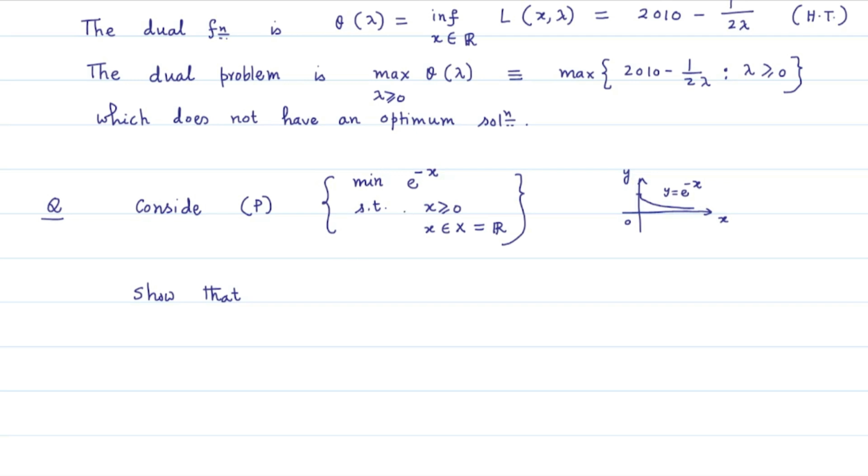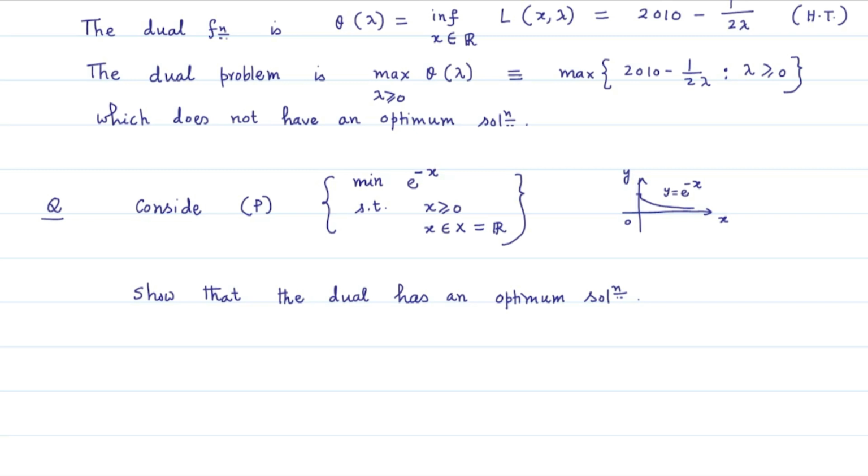But if you construct the dual of this problem, you will realize that the dual problem has an optimum solution. Now next we shall explore the relationship between the primal and the dual optimum solutions if they exist.